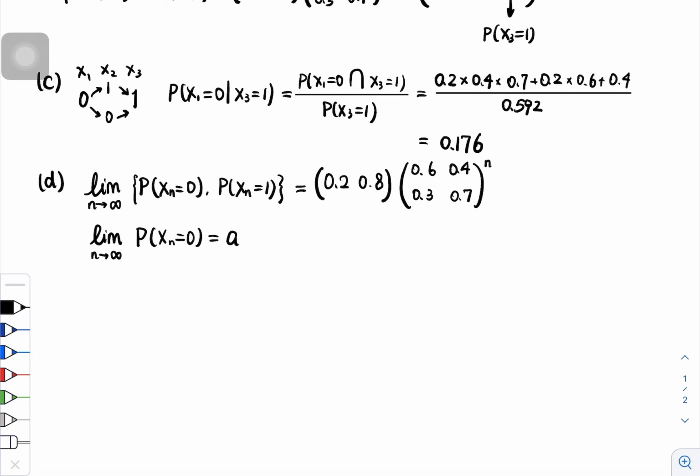And finally, it will satisfy the equation of this times this equals a, 1 minus a, which means that it does not change when n changes.